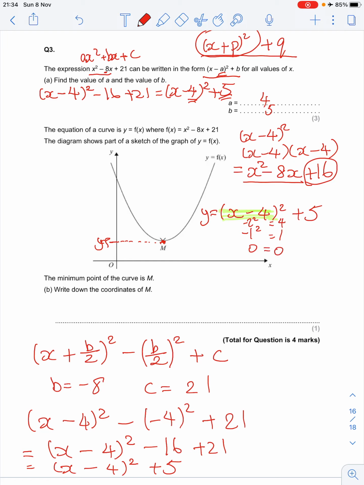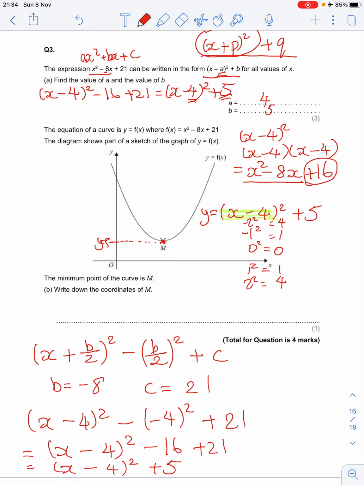So 0 squared is equal to 0. 1 squared is equal to 1. 2 squared is equal to 4. So remember, the minimum point is trying to find the smallest y value.